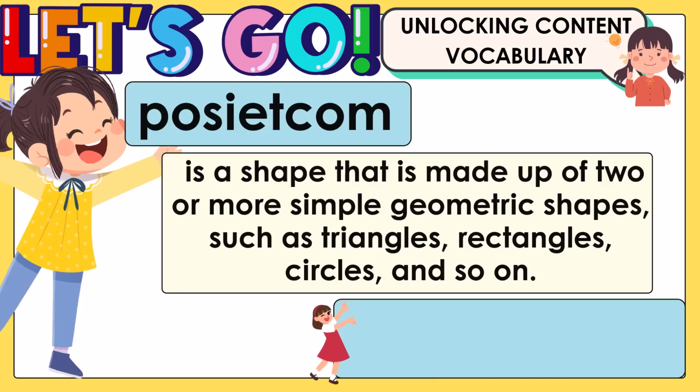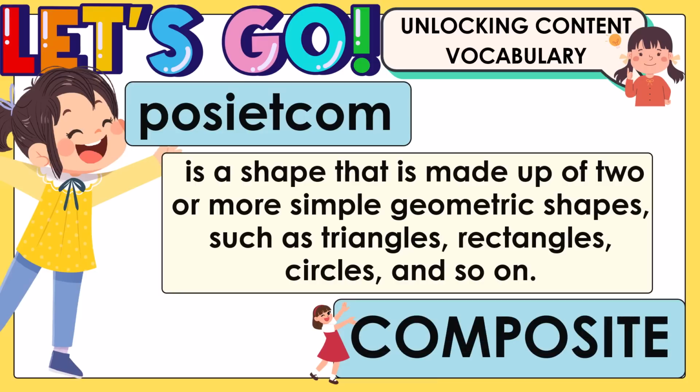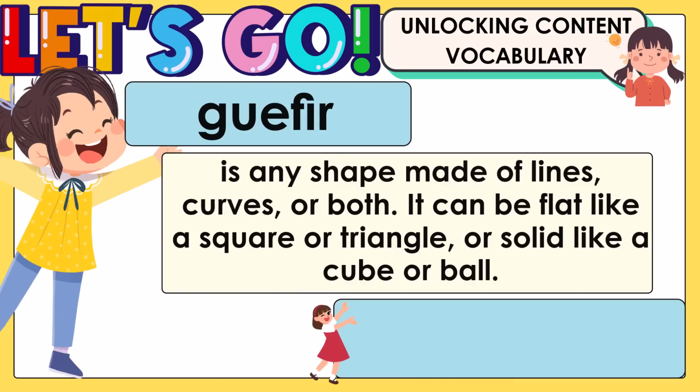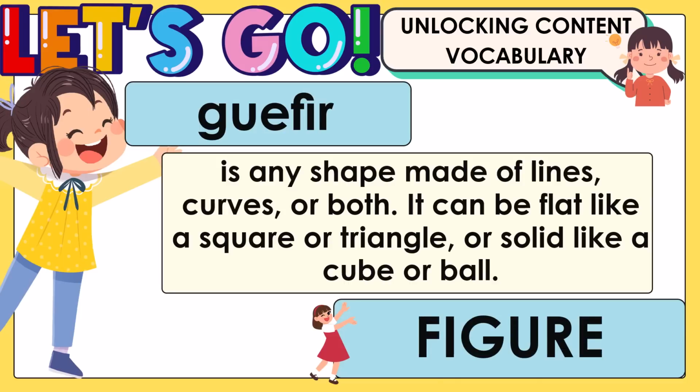The answer is composite. Fifth is any shape made of lines, curves, or both. It can be flat like a square or triangle, or solid like a cube or ball. The answer is figure.